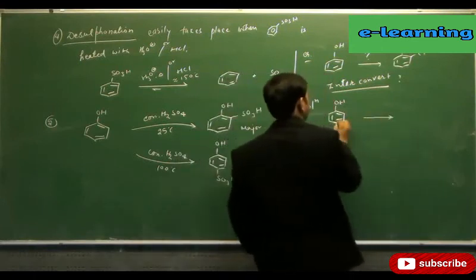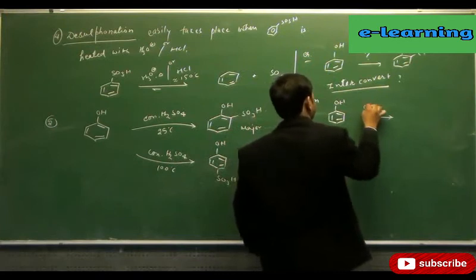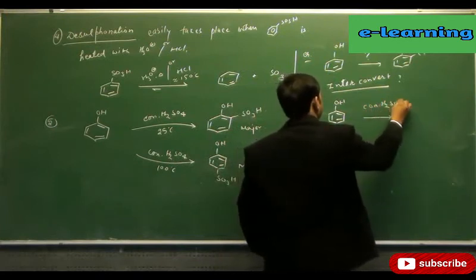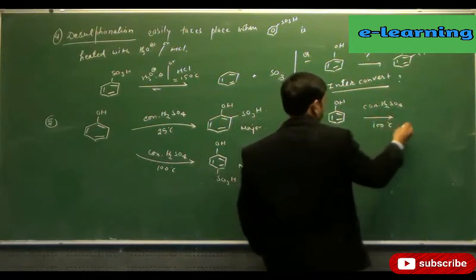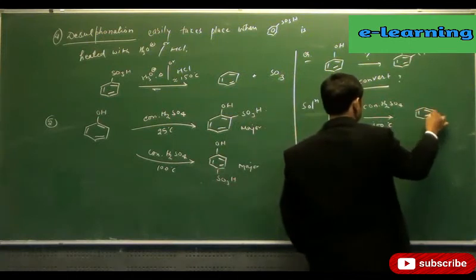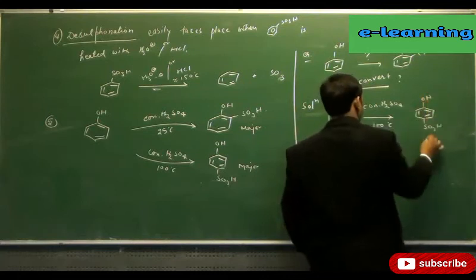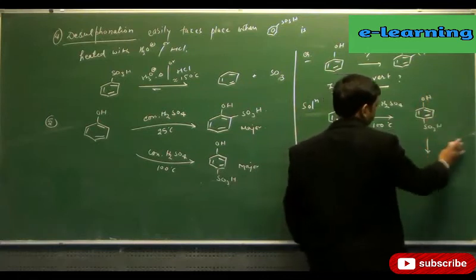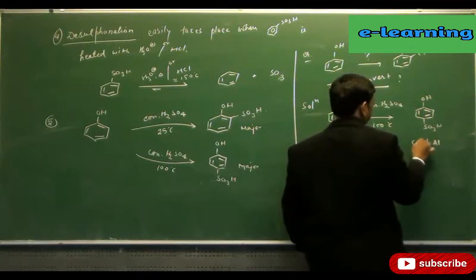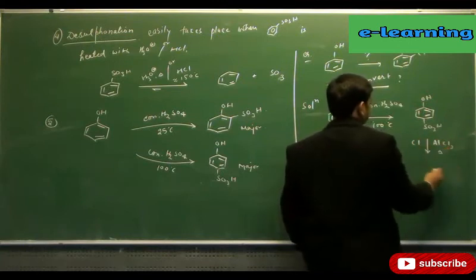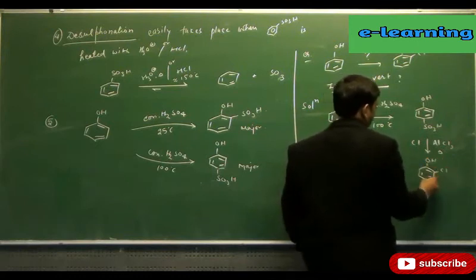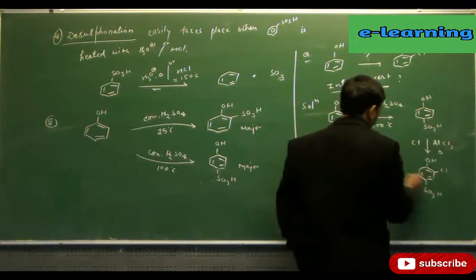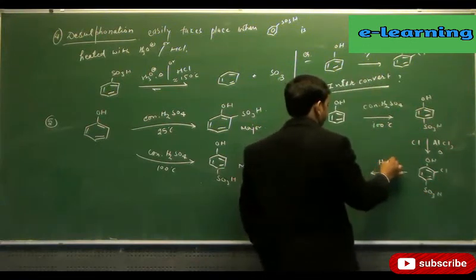Sulfonation, protect the para position, that is concentrated H2SO4 at 100 degrees centigrade temperature. It gives the para sulfonated product. Now go for halogenation, AlCl3, Cl2. It gives orthochloro. Now desulfonation takes place when it is heated with H3O plus.